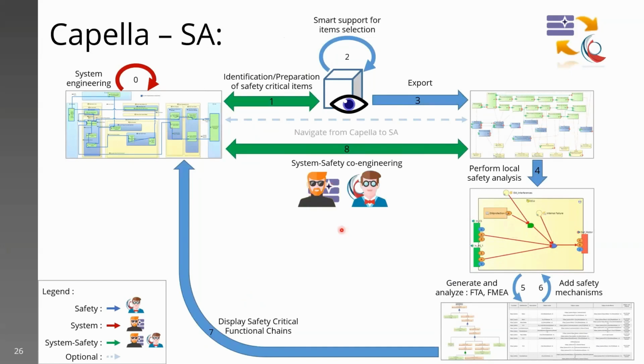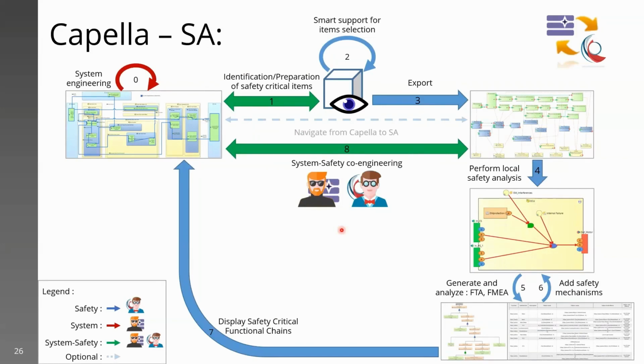So it is the next step. System team and safety team must have a meeting again, where the safety team presents the result of the safety analysis and presents the needed safety mechanisms. And maybe not all the safety mechanisms can be implemented, so maybe we need to find a trade-off with the system team to reach the safety goal.